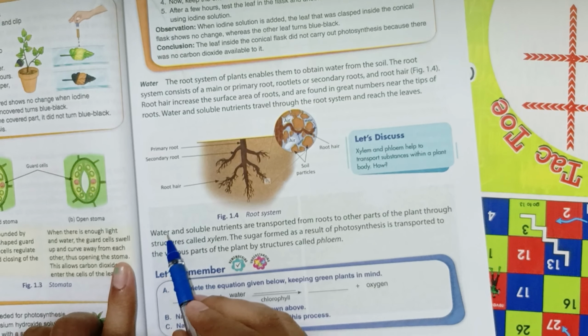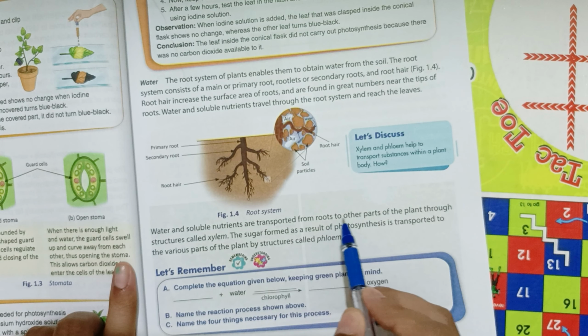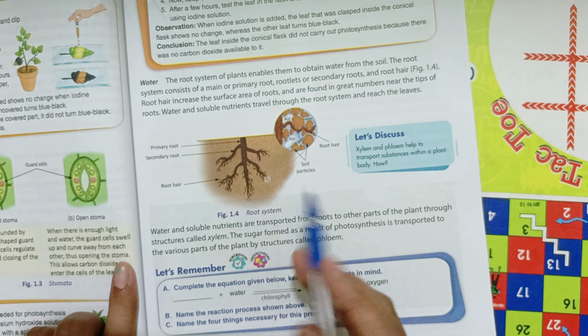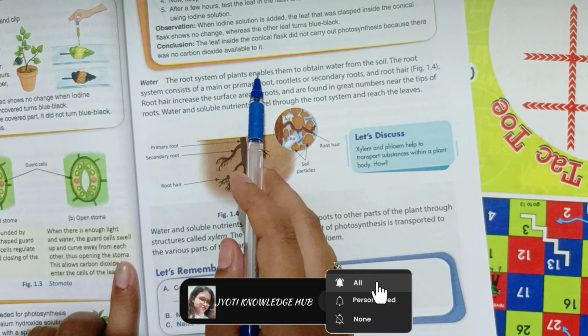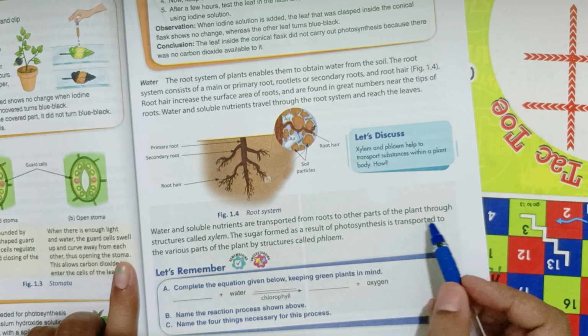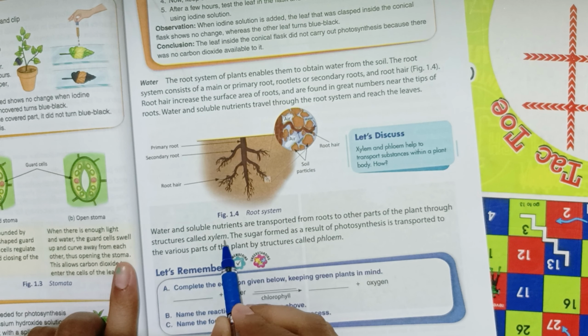Along with the water, the soluble nutrients are also absorbed, and they are transported from the roots to the other parts of the plant. So from the bottom of the plant, they will be absorbed and sent to different parts of the plant, that is upwards, to the leaves, stems, wherever required, okay? And that is done by a structure called xylem. Very, very important term, xylem.